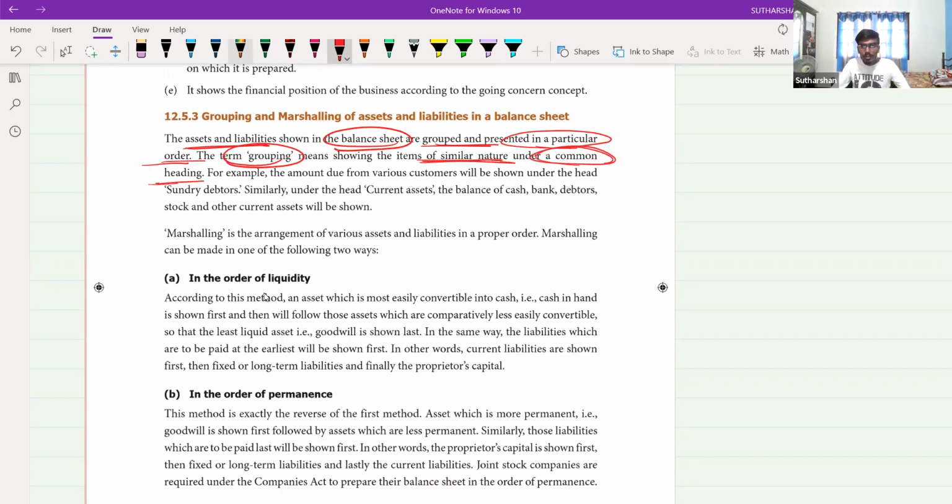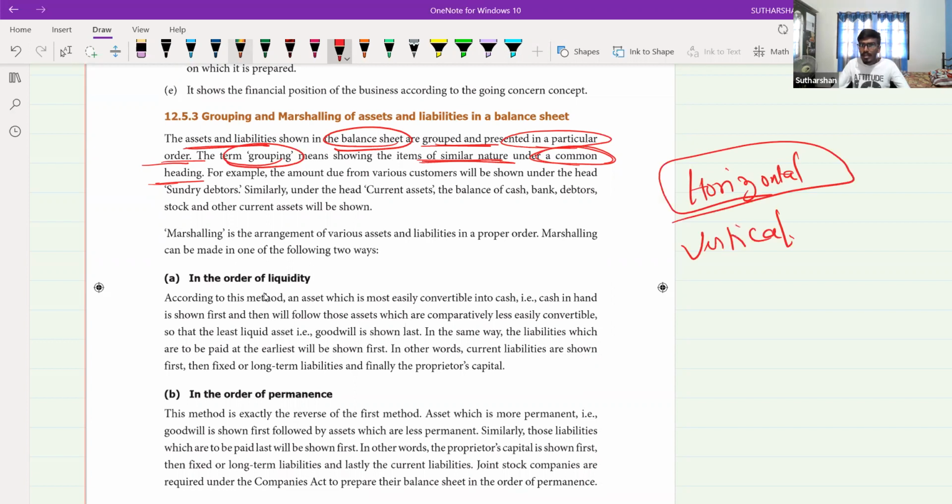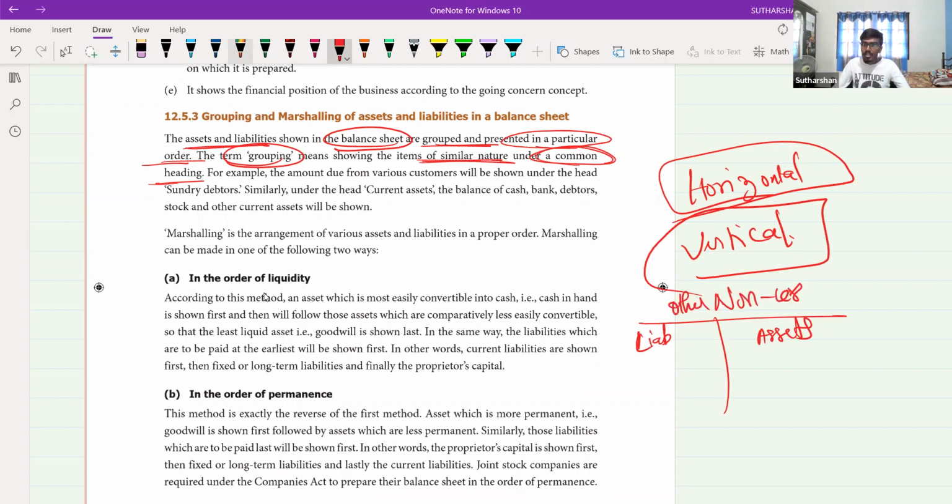Now we have two things. We have horizontal format and we have vertical format. Horizontal format means this: this is the liability side, this is the asset side. This is for non-corporate entities, that means other than companies.